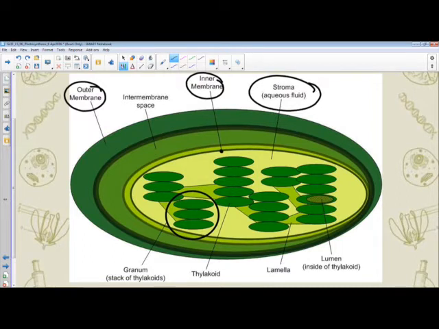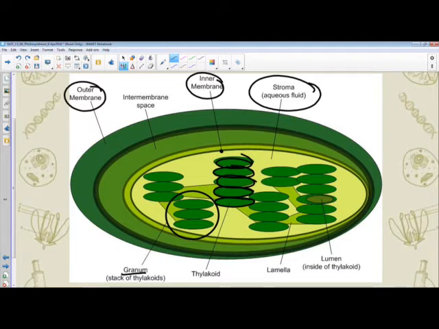When we look at what the chloroplast is actually made up of, it is made up of these blunt-ended tubes that are stacked one on top of each other, creating the impression of a stack of coins. We refer to that stack as the granum, which is a stack of thylakoids.